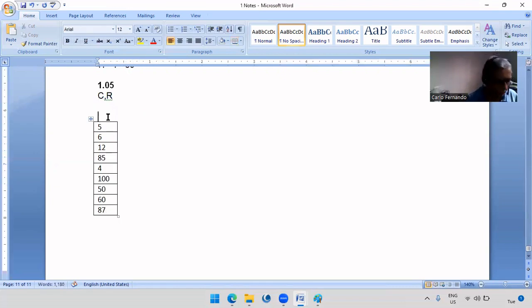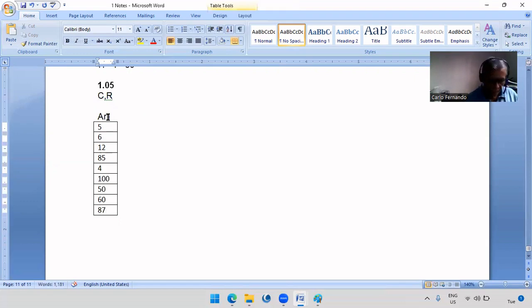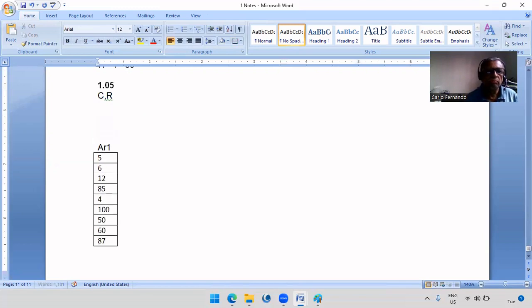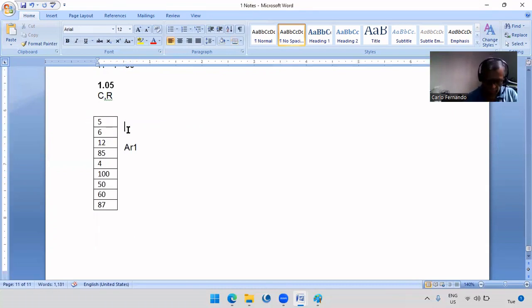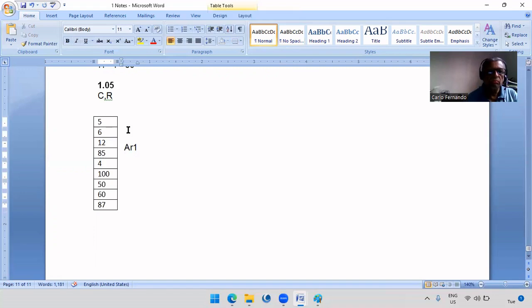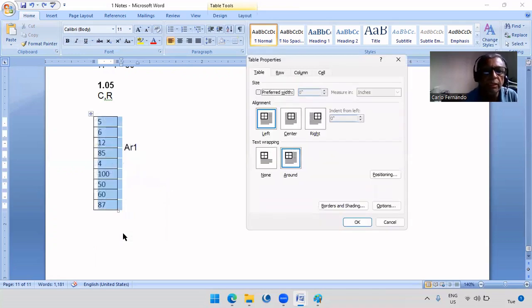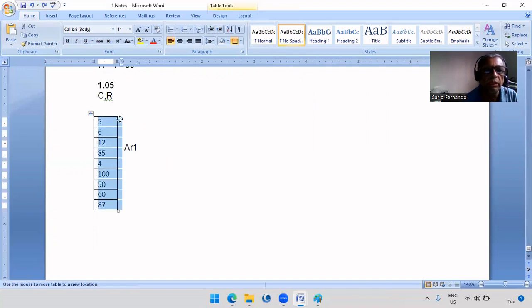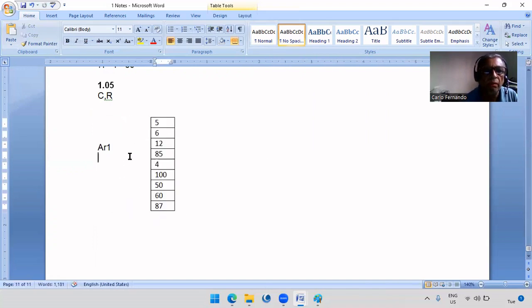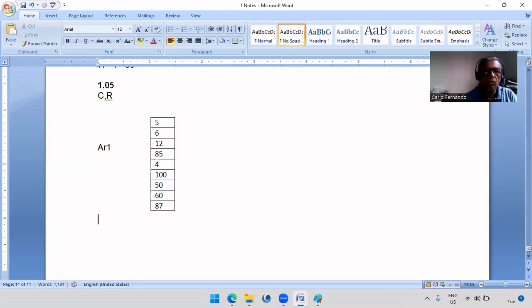Now, if the name of this array is AR1, and you want to get the value 100, what do you do?